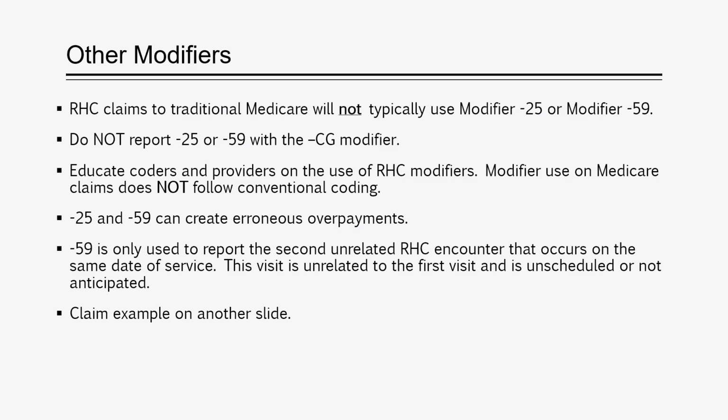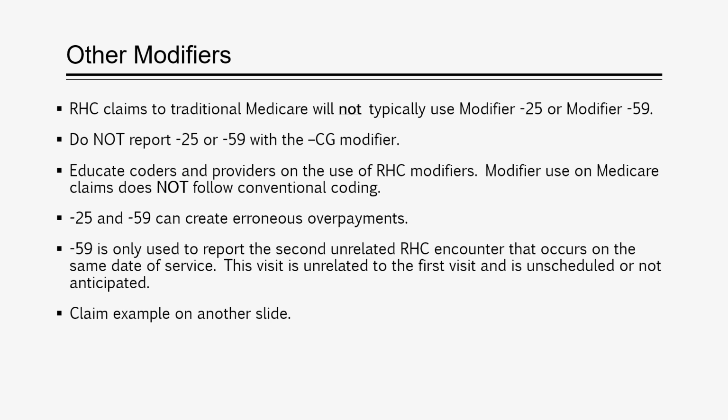All right, other modifiers. And some of this is in the FAQ document for the CG modifier that you'll see, but we're just kind of going over some of it. So RHC claims to traditional Medicare will not typically use 25 or 59. So you die-hard coders out there that would want to put a 25 on the E&M when you also had injection administration, we don't do that on RHC traditional Medicare claims.